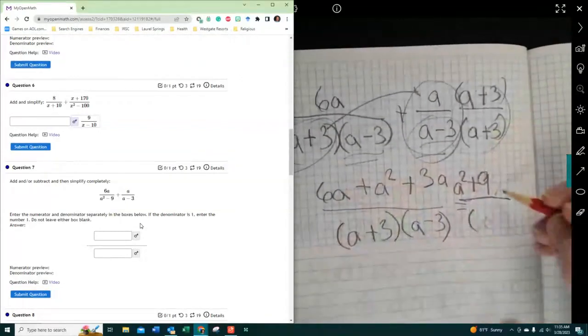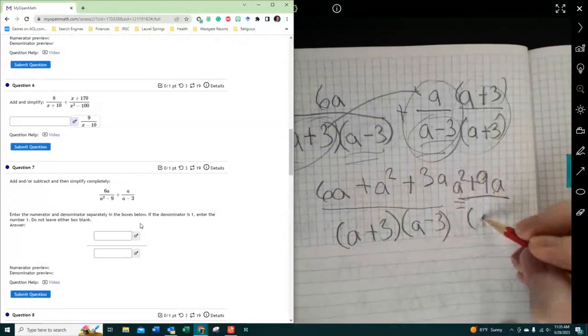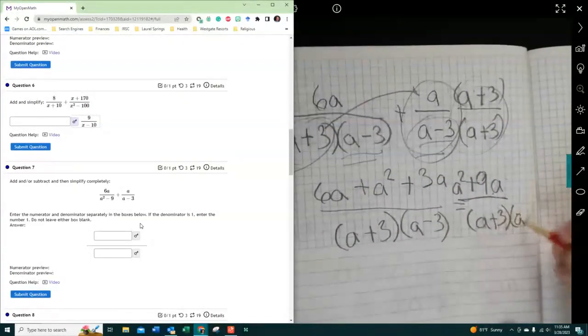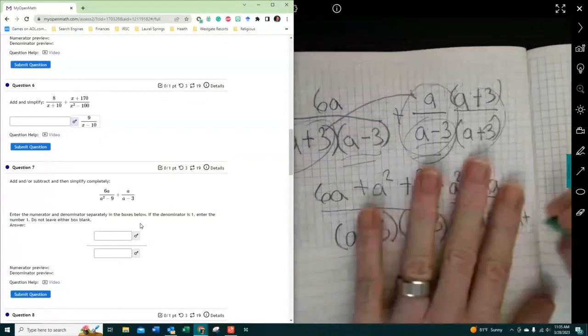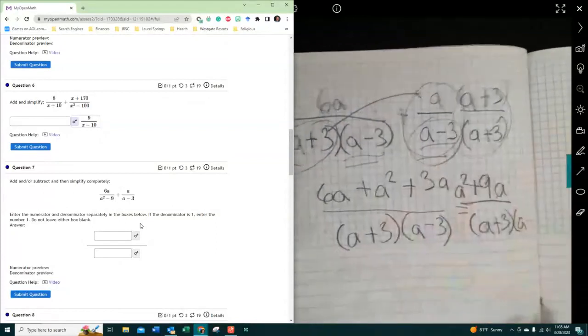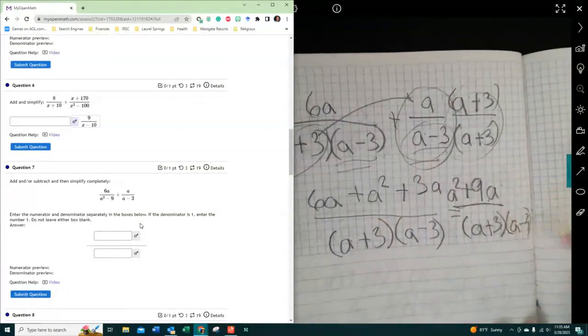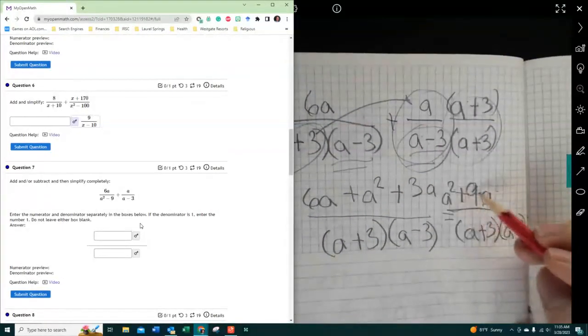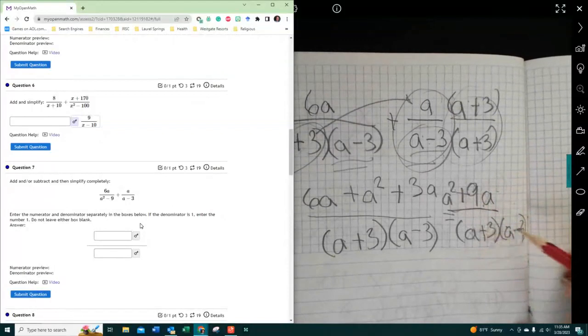I love it when I change my variable on me. All right, so then I have this. I'm just trying to copy down what I have here. So I have a squared plus 9a over this.